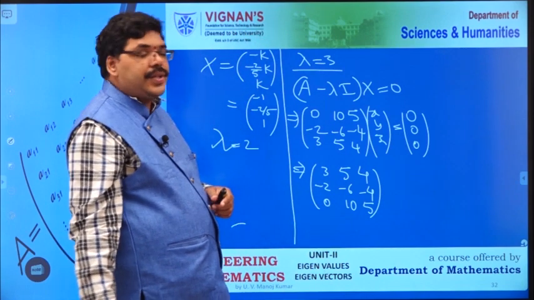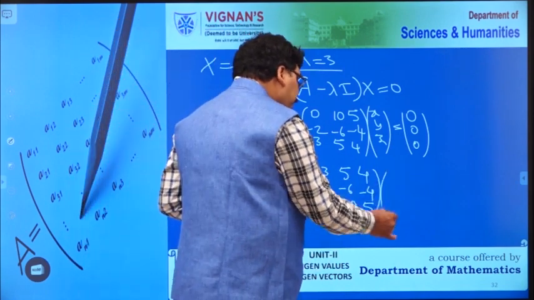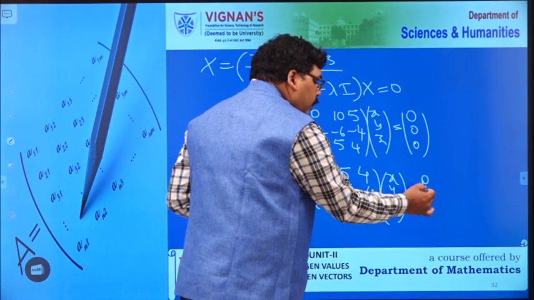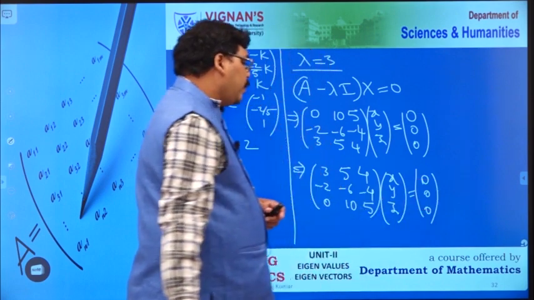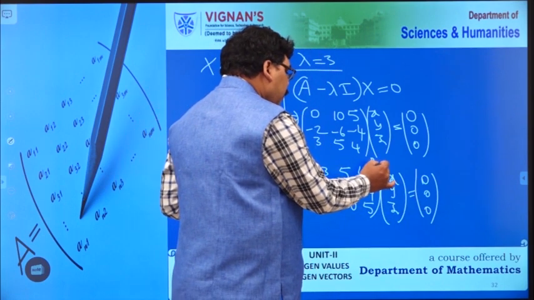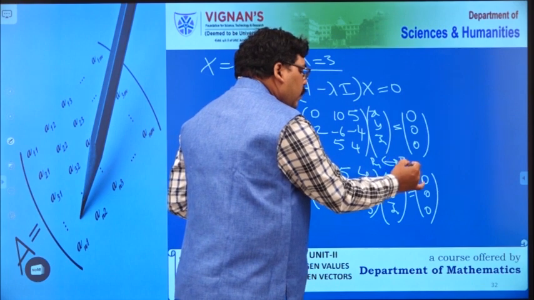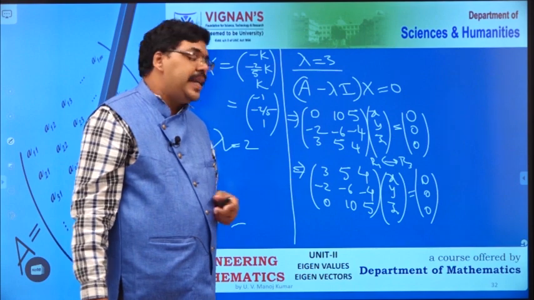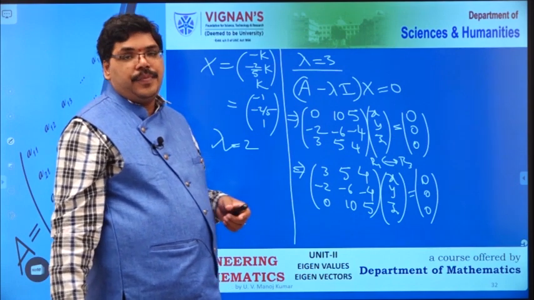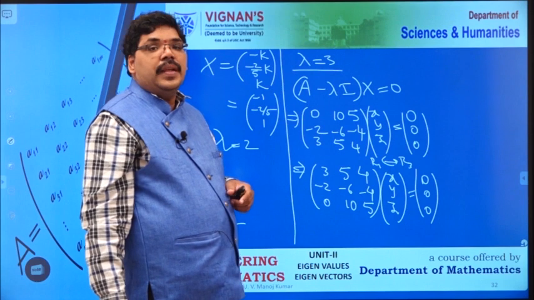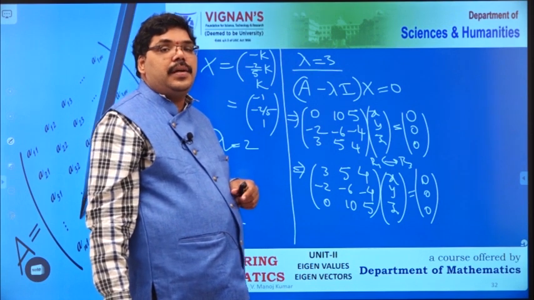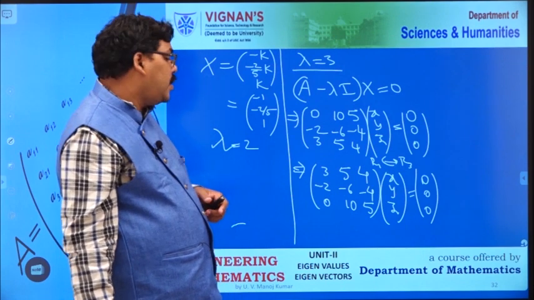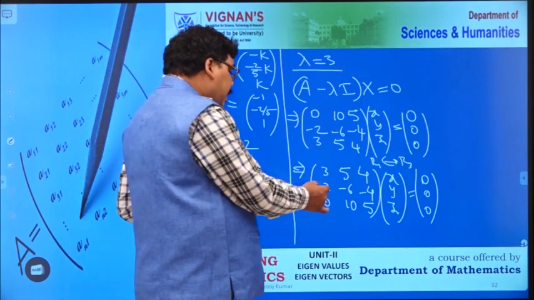I am interchanging the first and third rows. 3, 5, 4, minus 2, minus 6, minus 4, 0, 10, 5 is the result. After changing these rows, you need to reduce it into echelon form. So apply suitable row operations. I will make this element into 0.